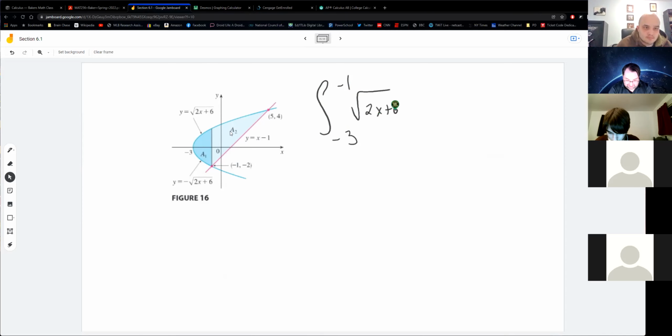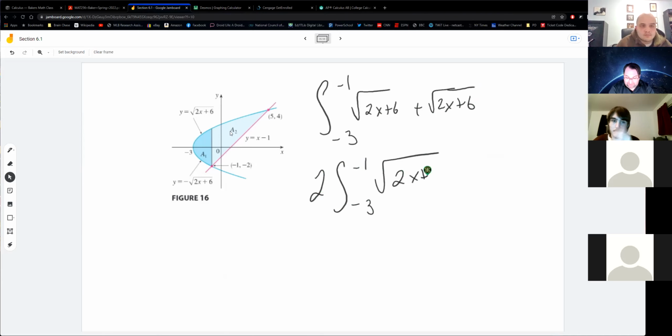It ended up being plus because it's two negatives, since you're subtracting the negative version of it. So yes, it would have ended up being just doubling it. But now you'd have to do the integral of the square root of 2x plus 6, which is a lot messier than what we just did. But yes, it's basically doubling the area on the top. Thank you. No problem.